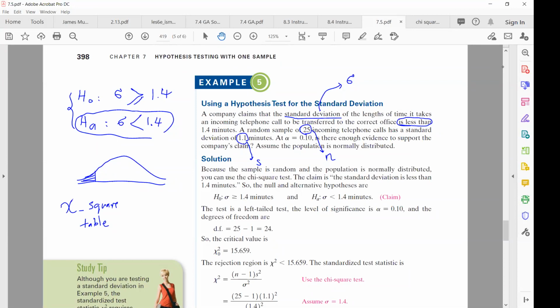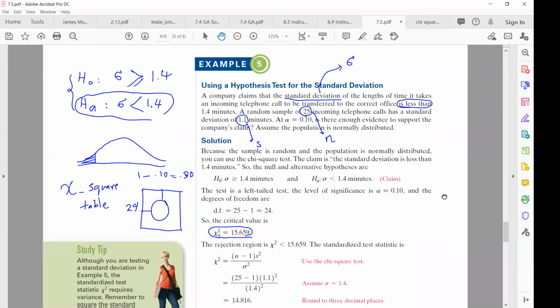Since alpha is 10%, first you have to do a little bit of algebra. 1 minus 10% gives you 90%. Now you use your chi-square table, 90%, and degrees of freedom is 24. Now you find the intersection between these two, and you get your critical value to be 15.659.